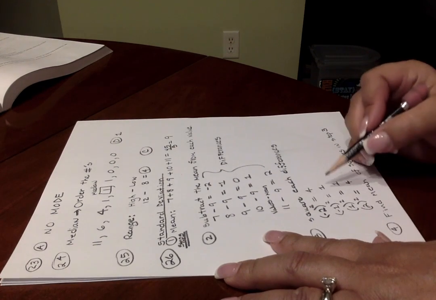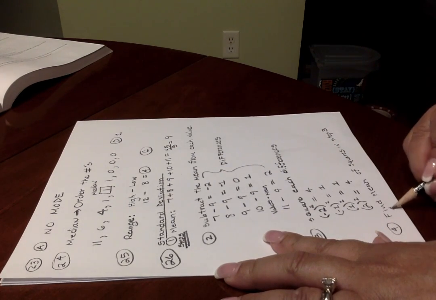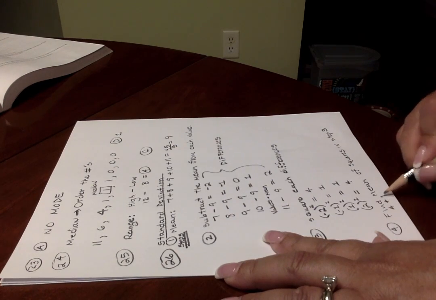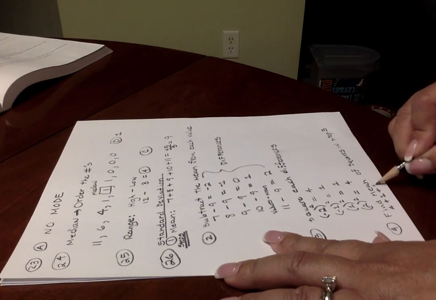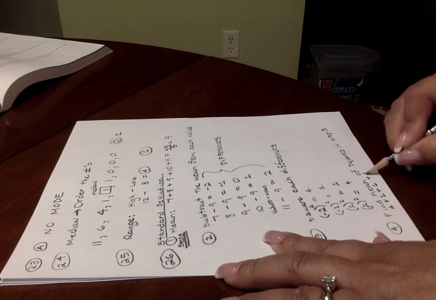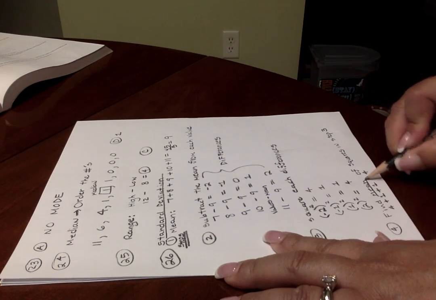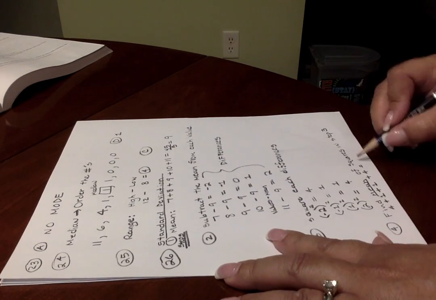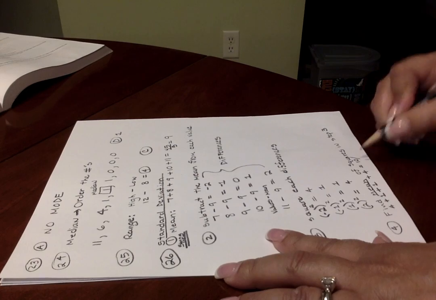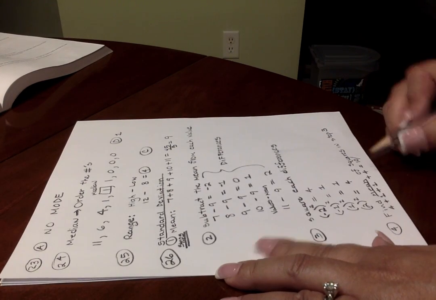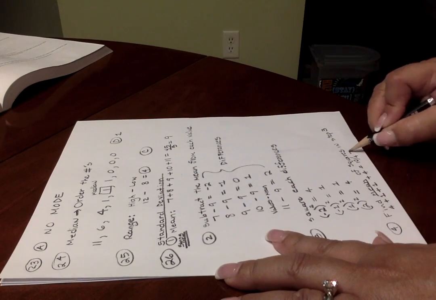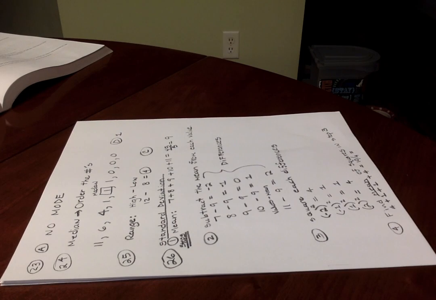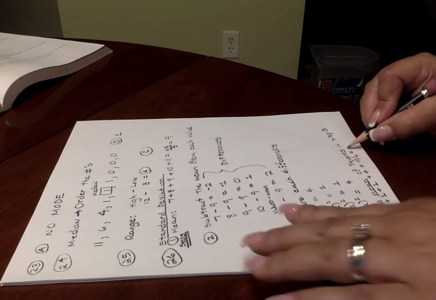So it would be 4 plus 1 is 5, plus another 1, plus another 4. Don't forget, when you find the mean, you're really finding the average. So that would be 10 divided by how many scores you just added up, which is 4. So 10 divided by 4 is 2.5.